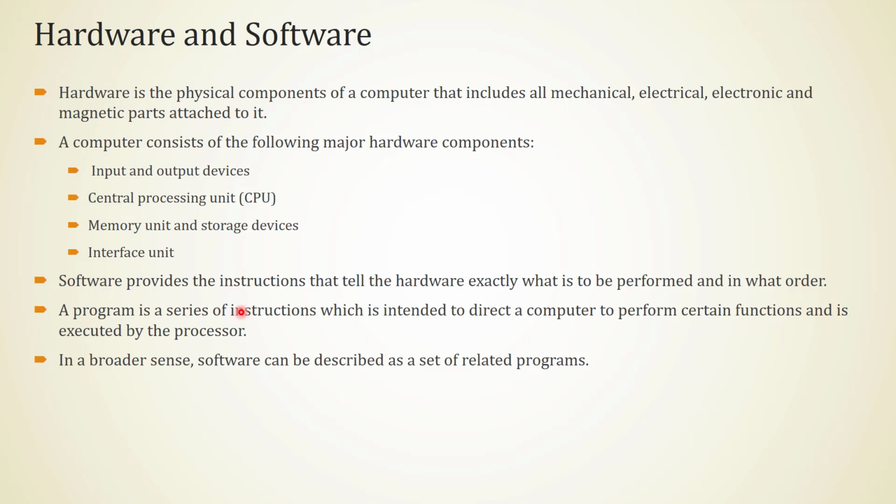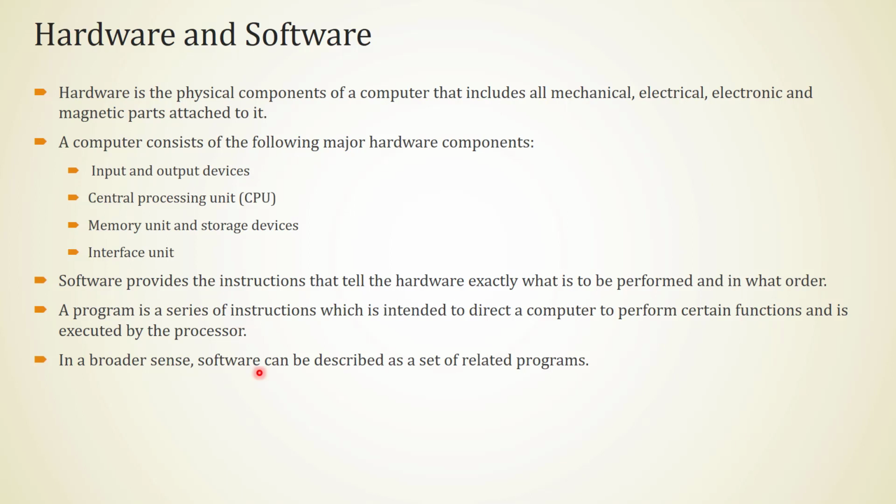A program is a series of instructions which is intended to direct a computer to perform certain functions and is executed by the processor. So this sequence of instructions is called a program, and that is given to the computer to perform a particular task, and that task is performed by the processor or central processing unit.